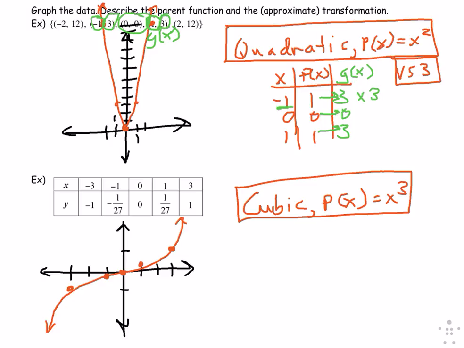And then let's use a table. I could see that the x-coordinates aren't changing. The y-coordinates, especially like 1/27th, that wasn't anything on our parent graphs. So I'll set up my table x, y. And with the parent graph, we're used to -1, 0, and 1.